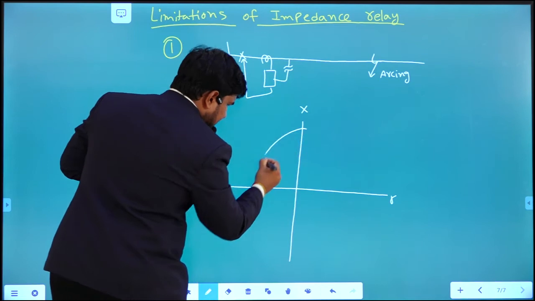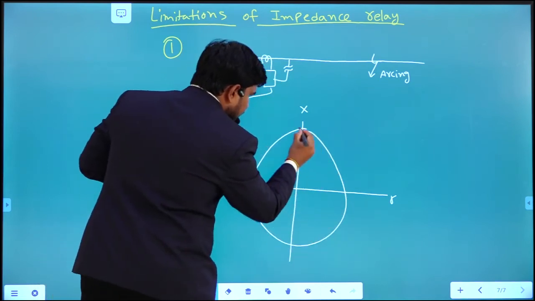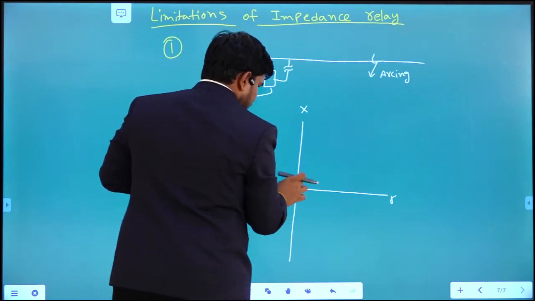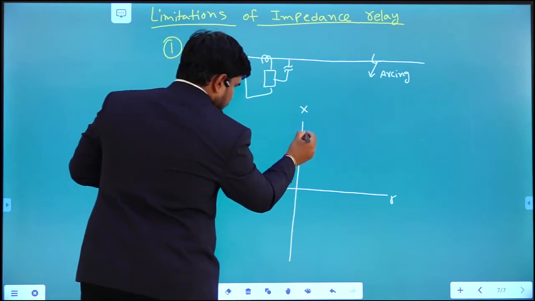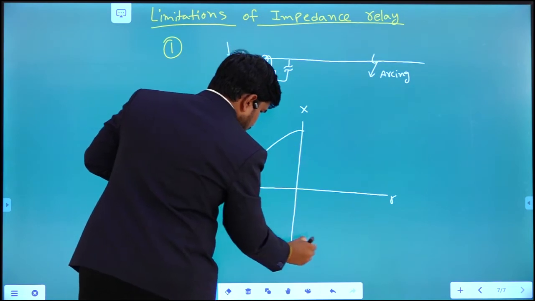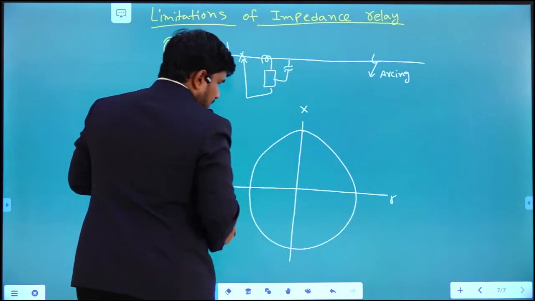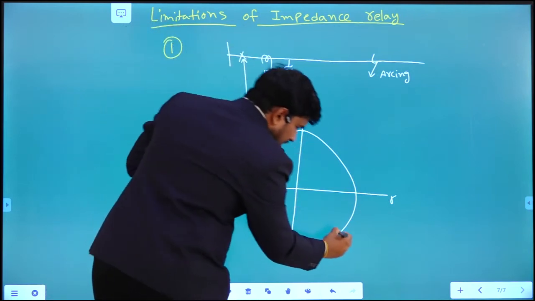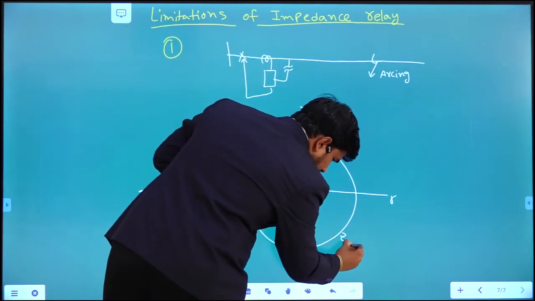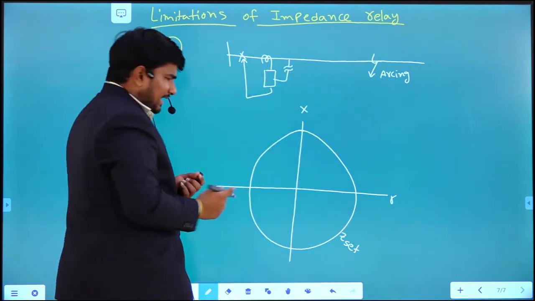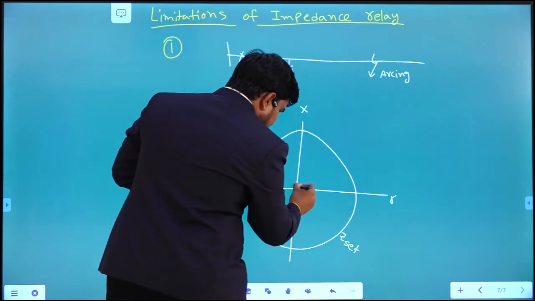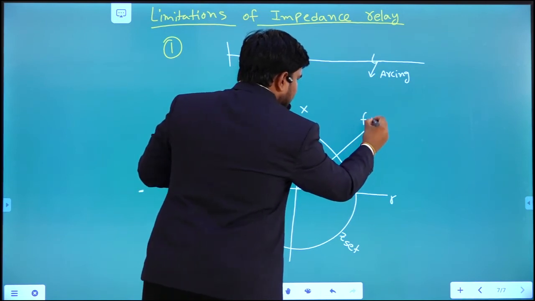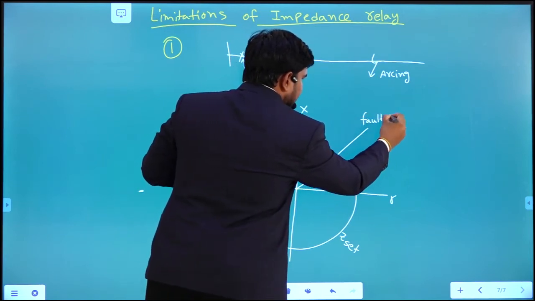It has a circle. Sorry, I am not good at circles. This is the circle which denotes the Z set value, and the fault characteristic is like this. These are the fault characteristics.